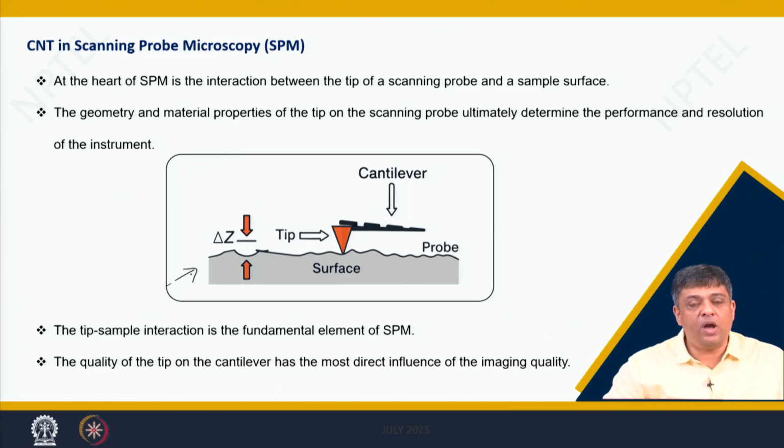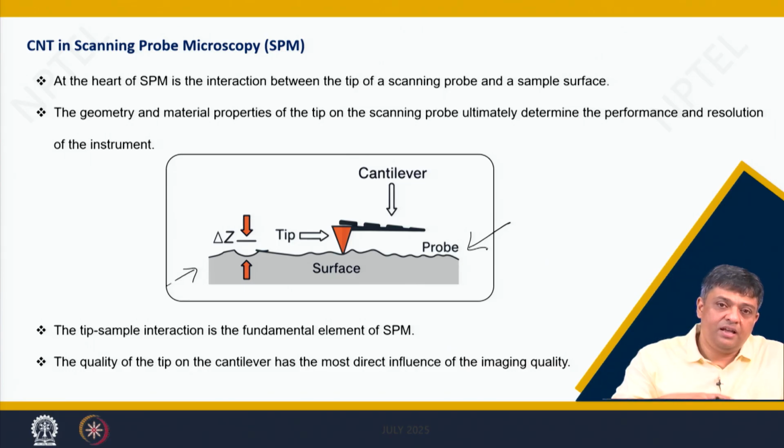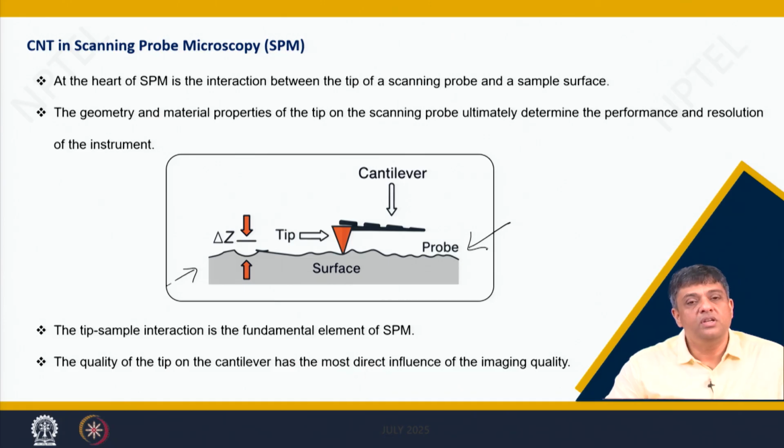So, you have to have a mechanism by which you can collect the image of this surface. The scale we are talking about is in the range of angstrom or nano level. So, obviously, you cannot take a camera there and take a picture, which cannot go to such high resolutions. So, you have to modify your technique. What do you do?